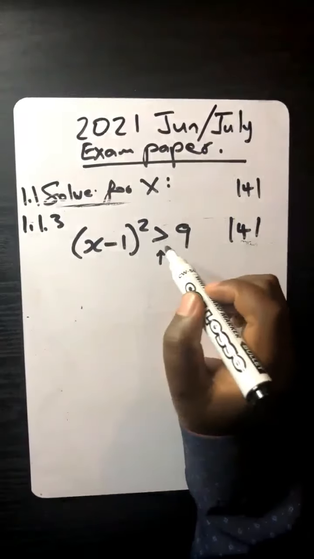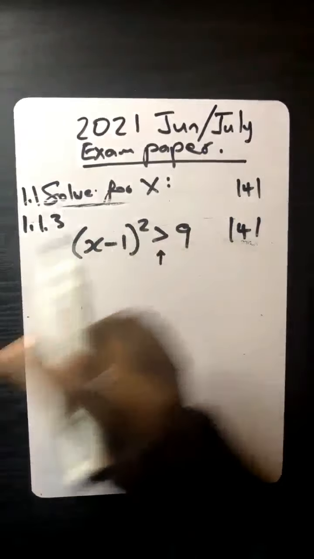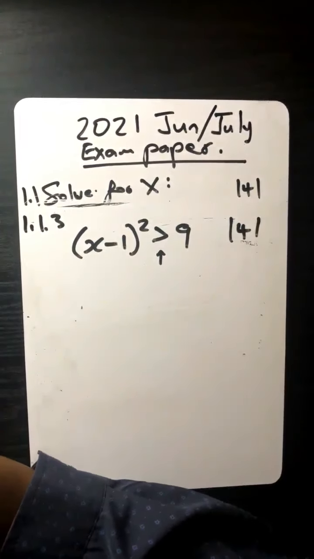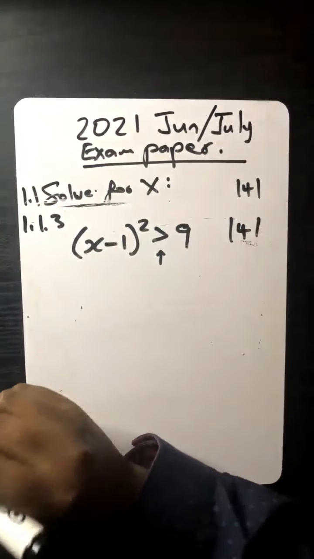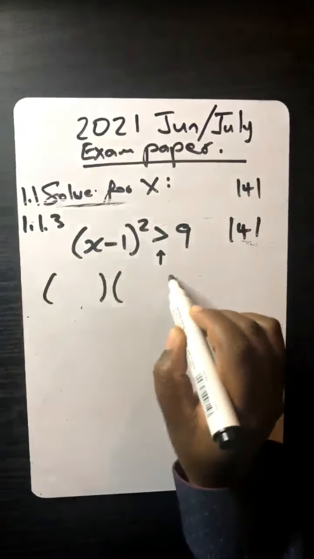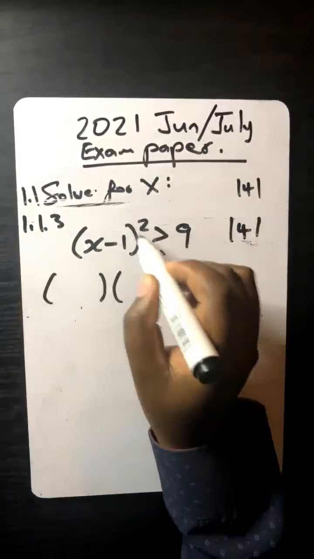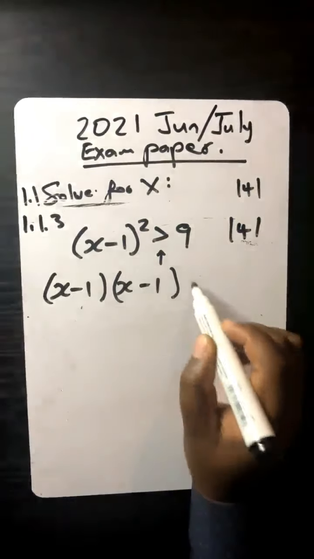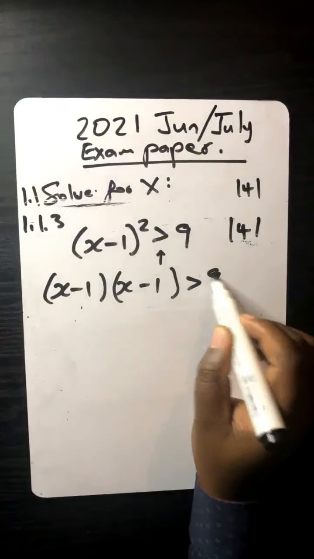So remember, guys, always when you're given a mathematical problem, the first thing that you need to sort out is the brackets. If you've got the brackets, you need to sort them out. Because of that squared, it means we have 2 of the same thing. Then there you've got greater than 9.